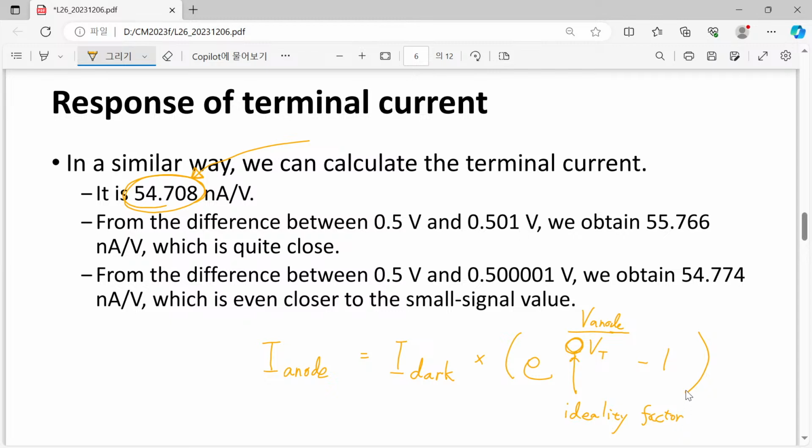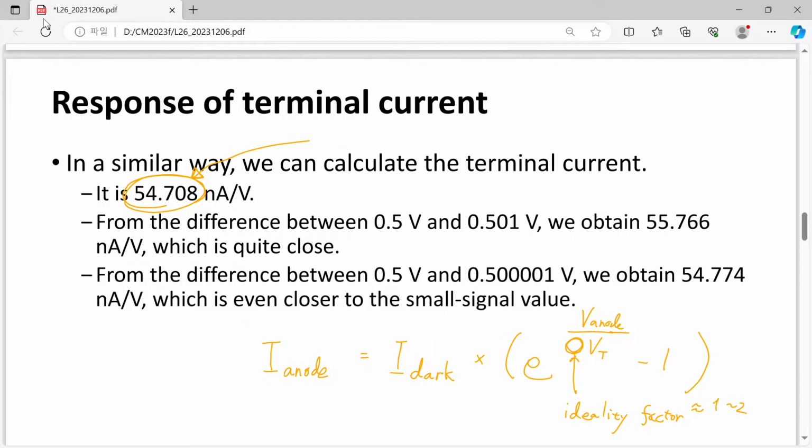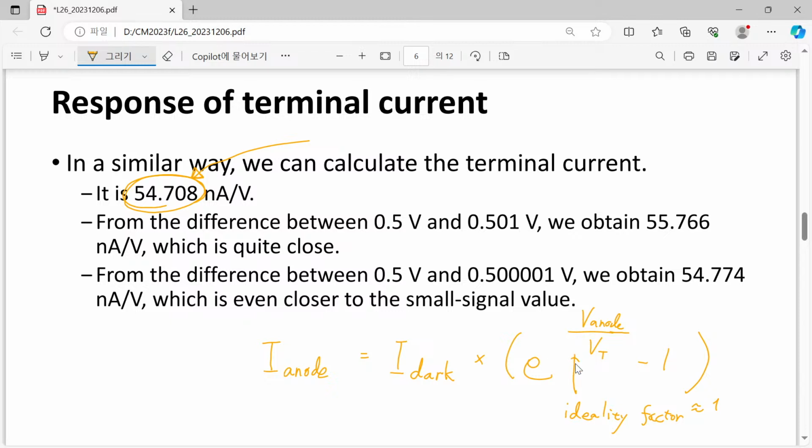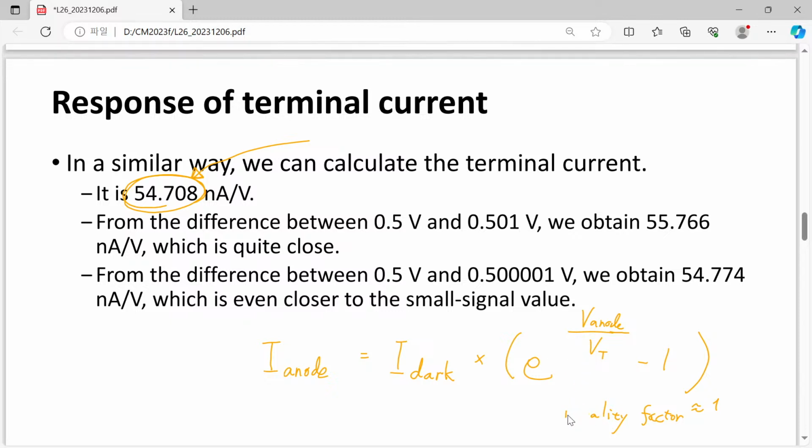So in reality, its value seems to be around 1 and 2, but you know, in our PN junction, we have no additional physical effect, so this ideality factor should be 1. So we are now considering very idealized case.